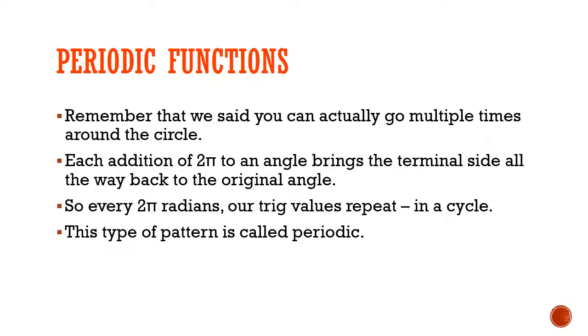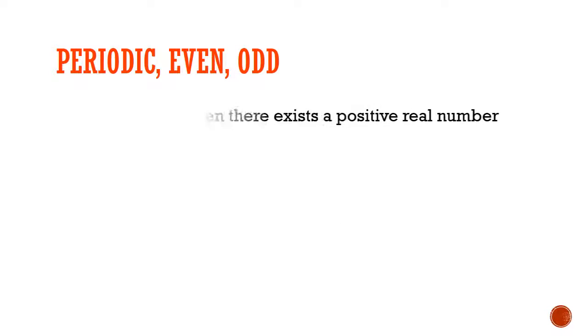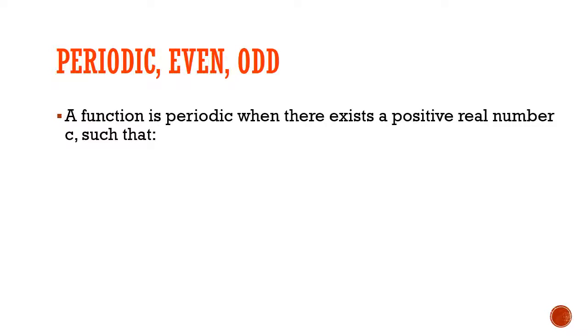This type of pattern is called periodic. A function is periodic when there exists a positive real number c such that f of t plus c equals f of t. In other words, when you add a certain number to the function, it just brings you back to the starting point. And that's what happens with our trig functions.